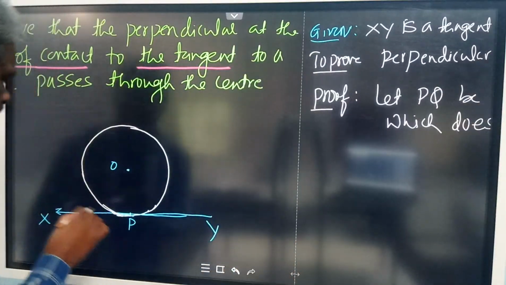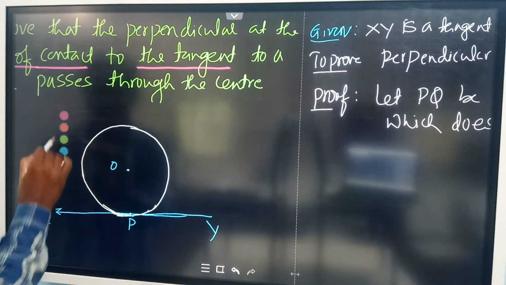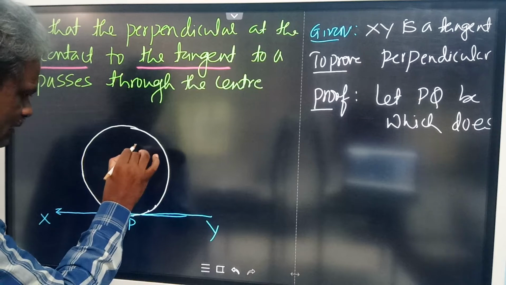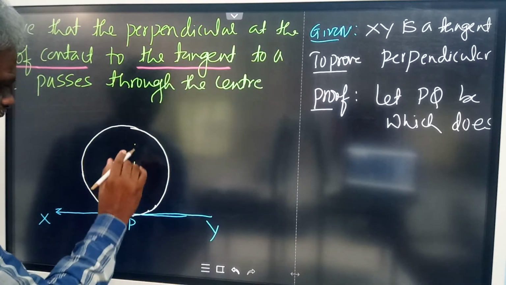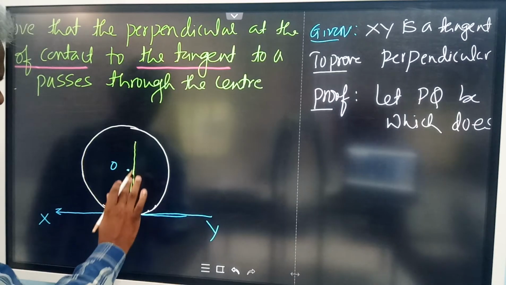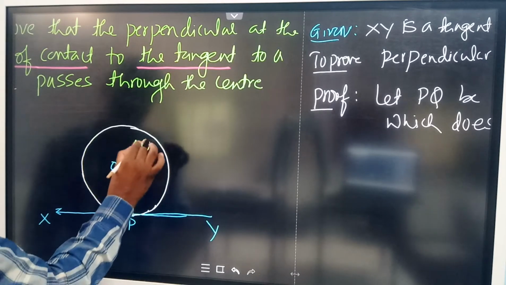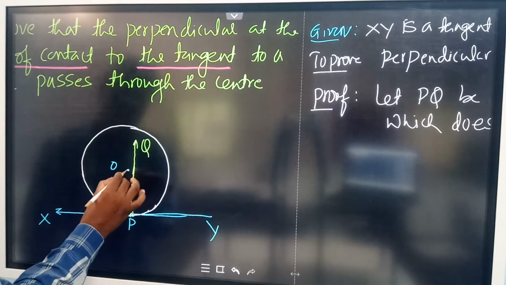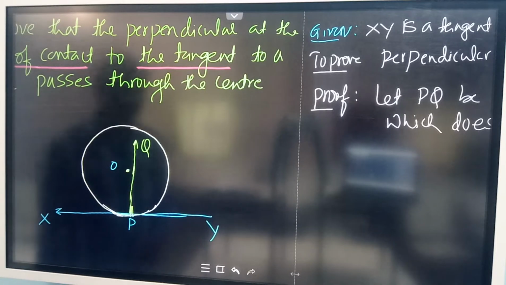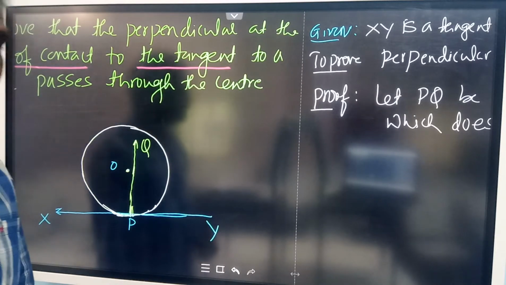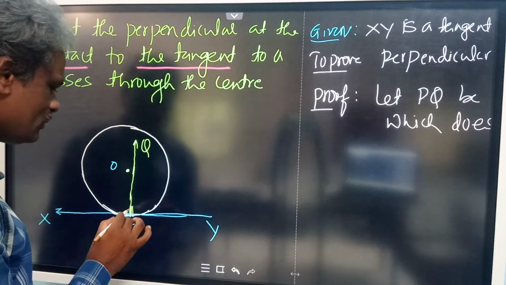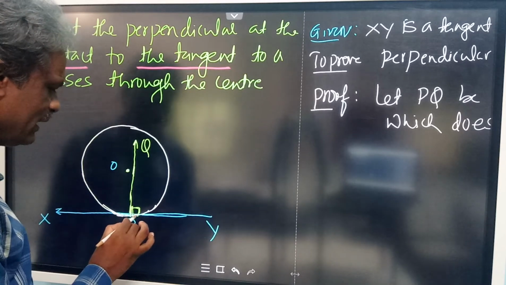So let us draw a line which is not passing through the center. Let us assume this is a line which is not passing through the center. We can call this PQ. The center is here. Let PQ be a line which is not passing through the center, and I assume that it is 90 degree perpendicular.